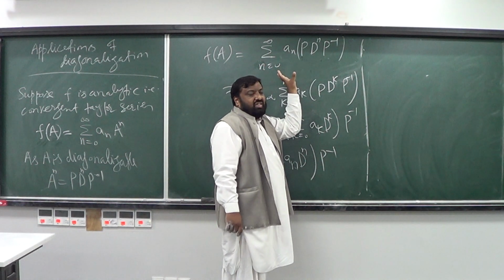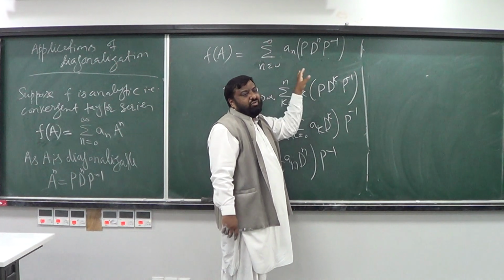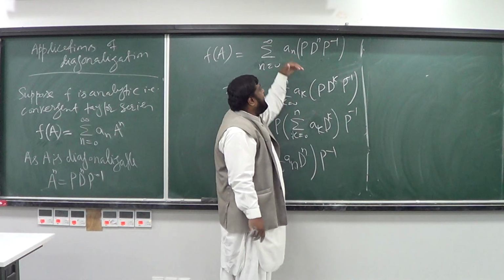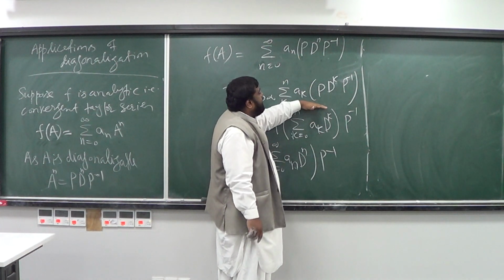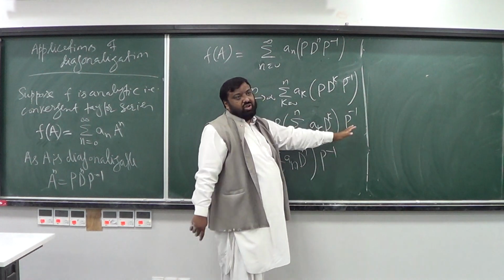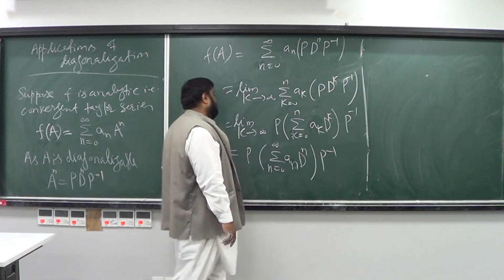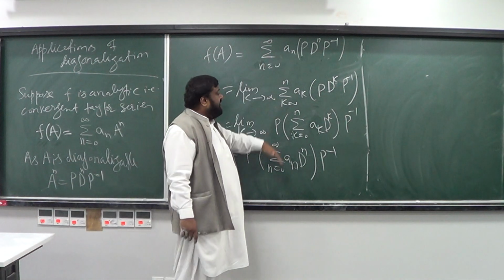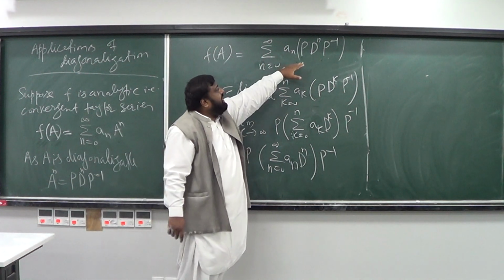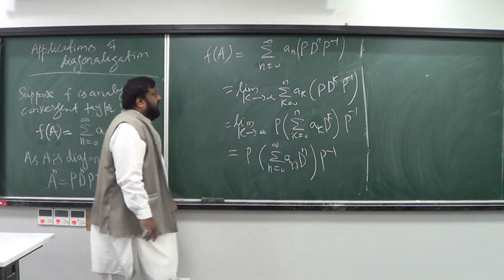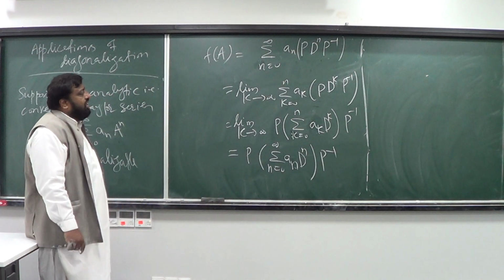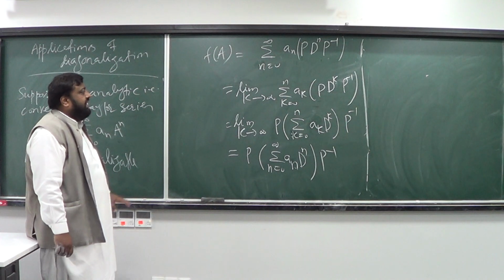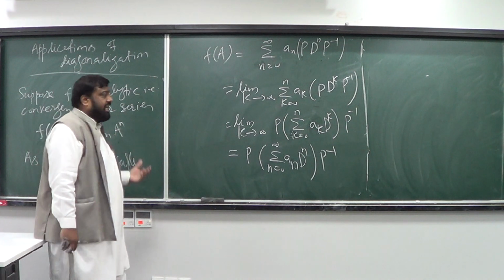The distributive law works for the finite sum. So I turned the infinite sum into a finite sum, applied the distributive law of the matrices, and returned back to what you have. So what I have done from this step to this step is just pull this P and P inverse out of the sum, and the convergence of the series is helping.